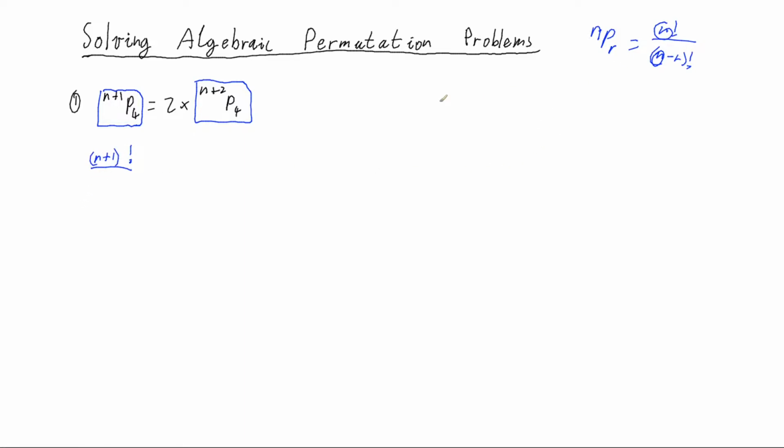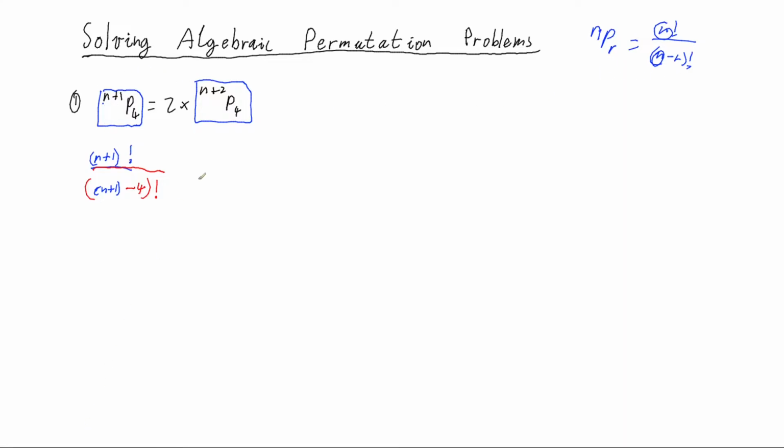I replace the n with the entirety of n plus 1. Then the next step is n minus r factorial, and I'm going to have a fair bit underneath, so I'll extend out my vinculum. My r is 4, so I'll put in the minus 4. But I've got to put my n value in there again, and my n value is this complete n plus 1.